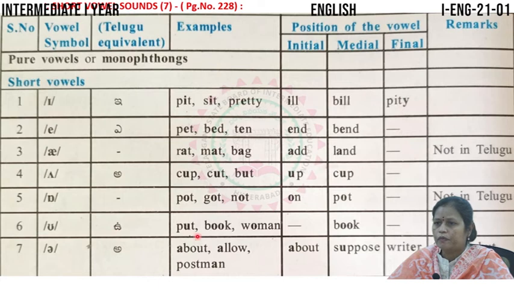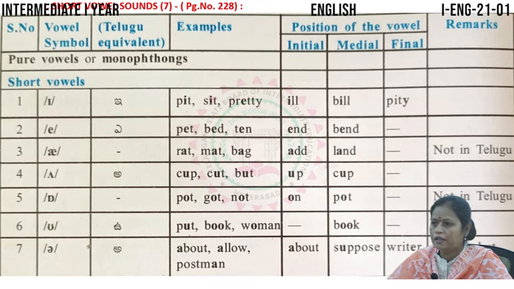Then this is O, as in put, book, woman. No initial and final sounds. Then this is again an O sound, mostly available in initial and ending positions rather than in between, as in about, allow, postman, suppose, writer.